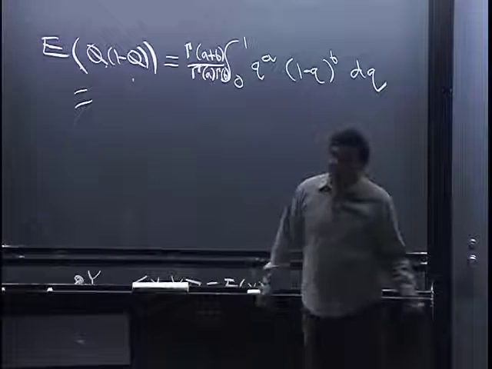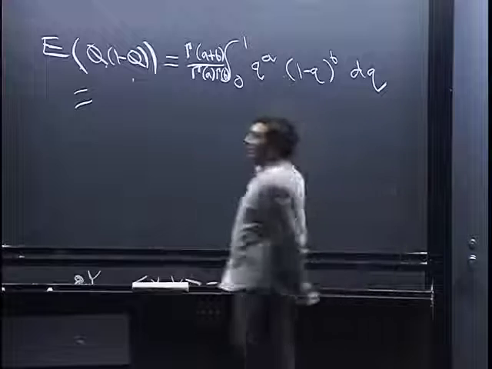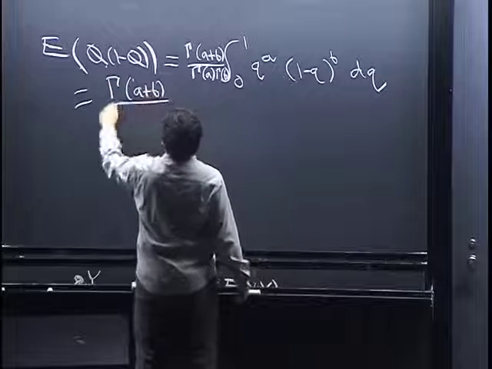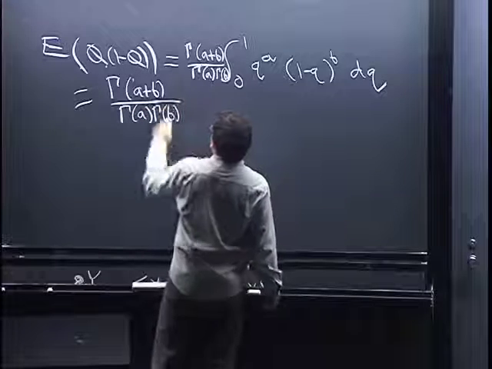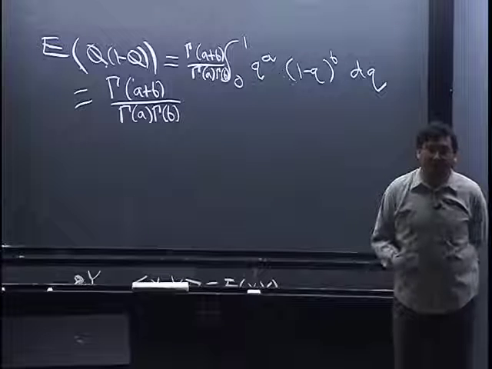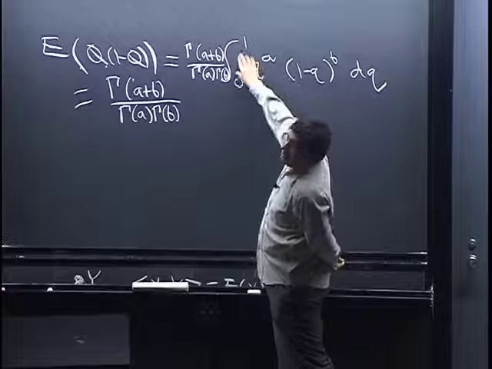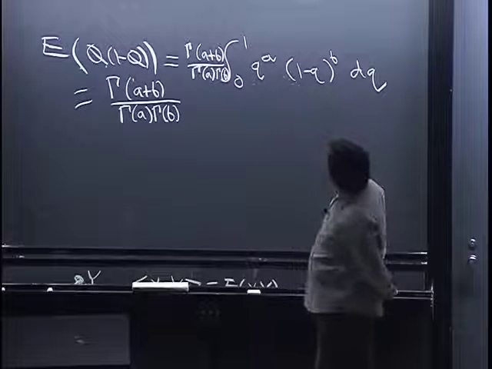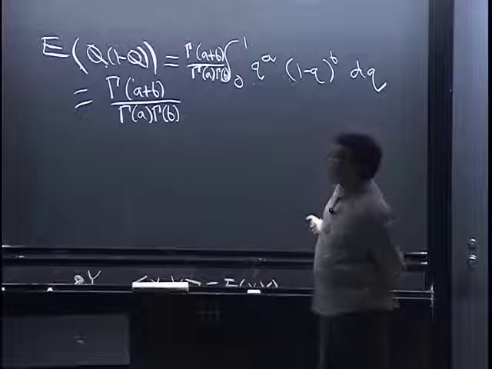It looks like a complicated thing until you realize that's just another beta integral. So this is gamma of a plus b over gamma a gamma b, and then we just have to multiply and divide by whatever we need in order to make this exactly the integral of a beta PDF. So I'm imagining putting in the normalizing constant of the beta, which in this case is for a plus 1, b plus 1.